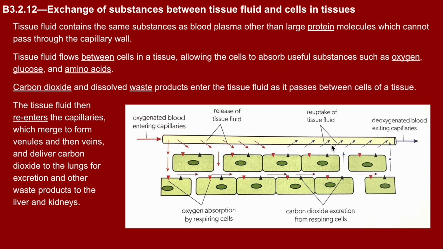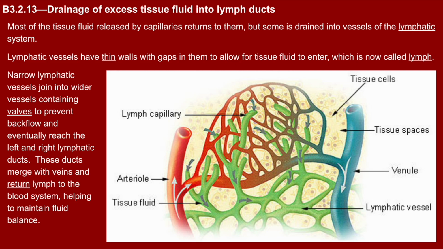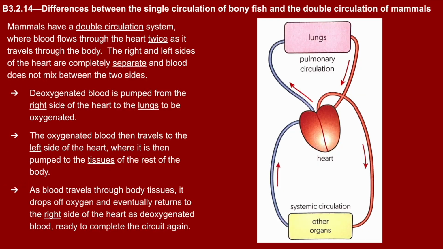Now, most of that tissue fluid re-enters the capillary, but not all of it. Some of it is now called lymph and drains into these lymph capillaries, okay, lymphatic vessels, and those are then going to join together, and they're eventually going to merge with veins and return that liquid to the blood system.